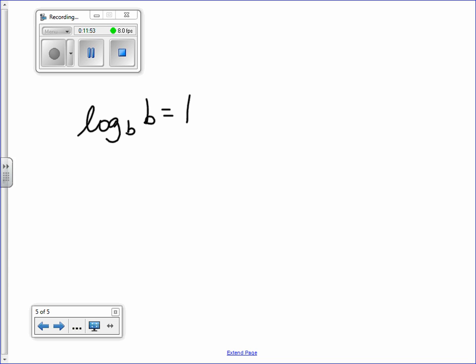So you can think about why. If you switch this around, you're looking at b to the first equals b. That makes sense. Log base b of 1 equals 0. You're looking at b to the 0 equals 1.